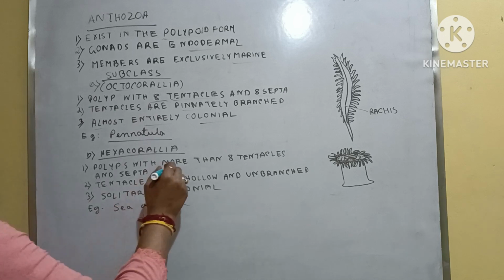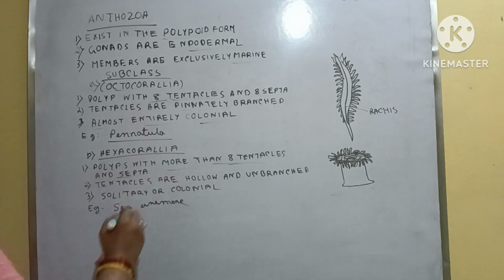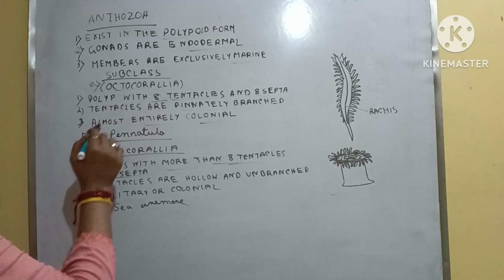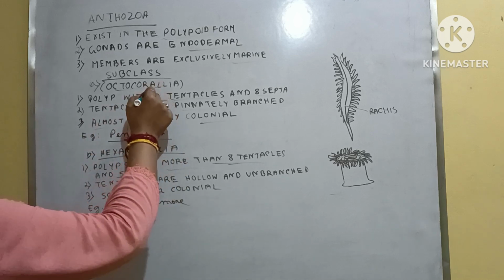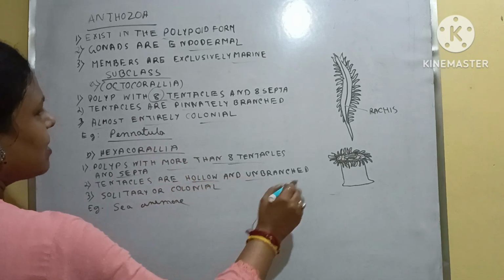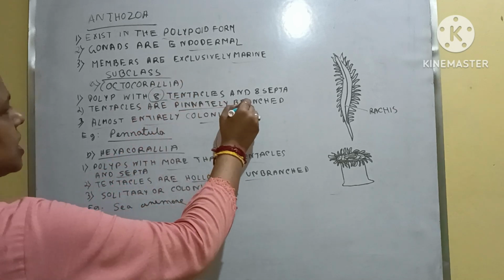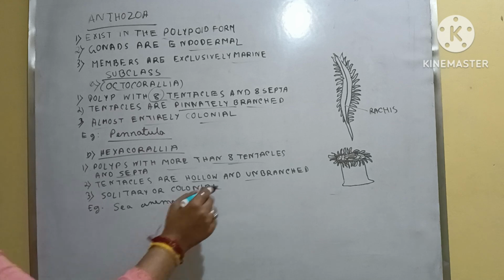The second one is the Hexacoralia. Here you can see more than 8 tentacles and septa. So you can see the difference between these. Here only 8 tentacles are present, and here more than 8 tentacles and septa are present. Second, the tentacles are hollow and unbranched. Here the tentacles must be pinnately branched, but here the tentacles are hollow and unbranched.